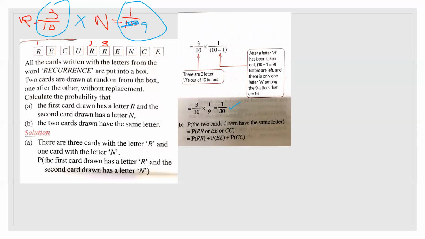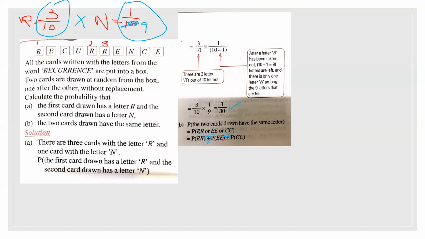Okay, next, the 2 cards drawn have the same letter. So what same letters do we have? We have RR, EE, CC. Either one, so we use OR, so all the probabilities have to be added together.